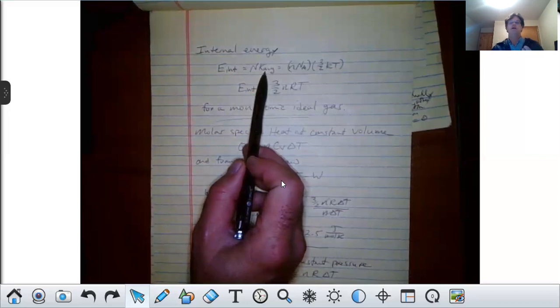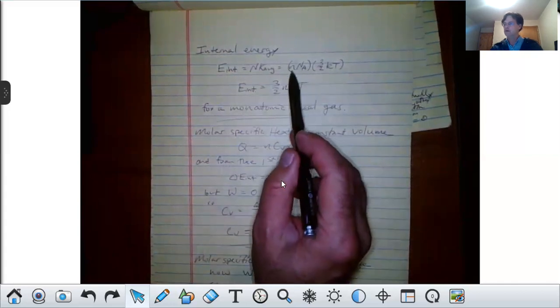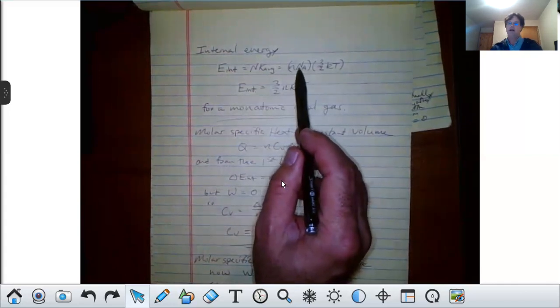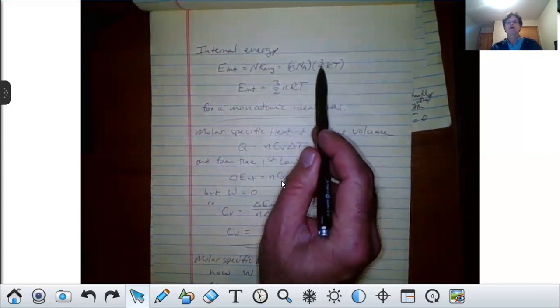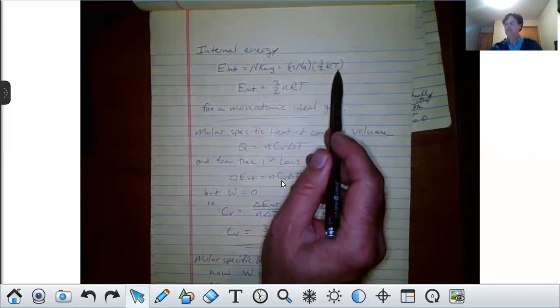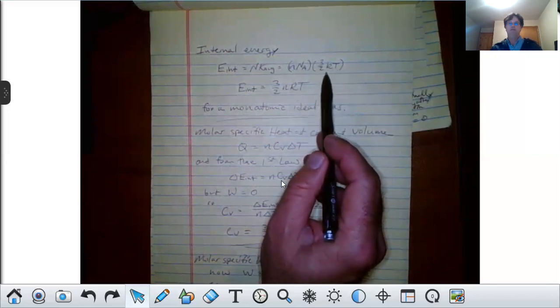For a monatomic ideal gas with a single atom, the number of atoms or molecules is just the number of moles times Avogadro's number. But we found that the average kinetic energy is 3/2 kT. K again is the Boltzmann constant.